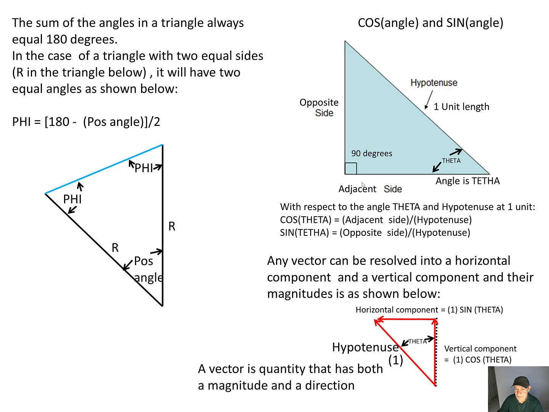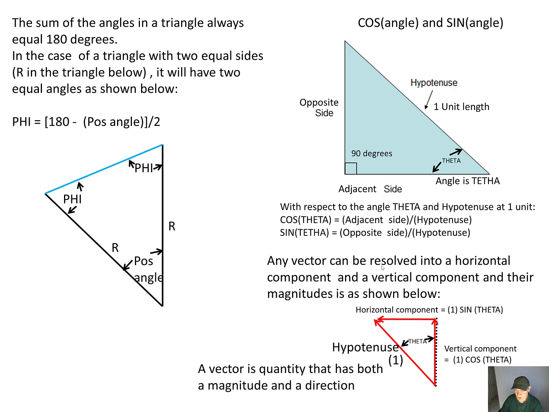In a right angle triangle with 90 degrees, the hypotenuse is 1 unit length. This is the opposite side with respect to theta, and the hypotenuse is 1. Cos theta equals adjacent side over the hypotenuse, and sine theta equals opposite side over hypotenuse.